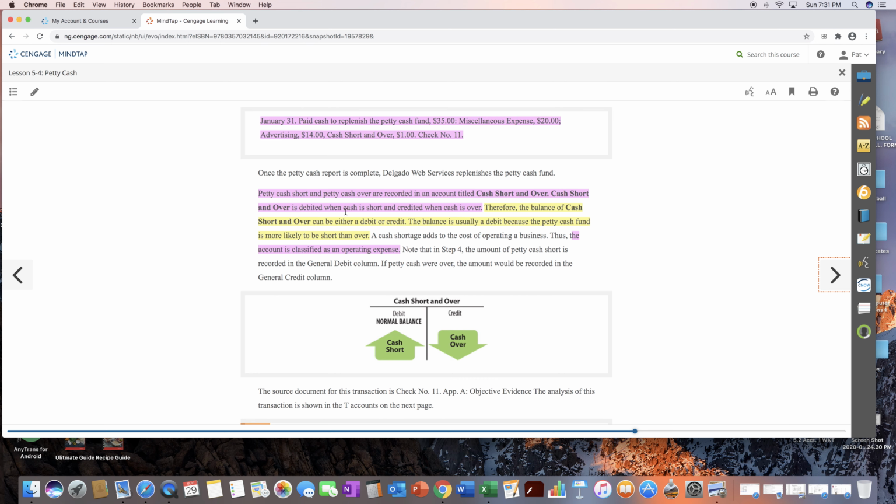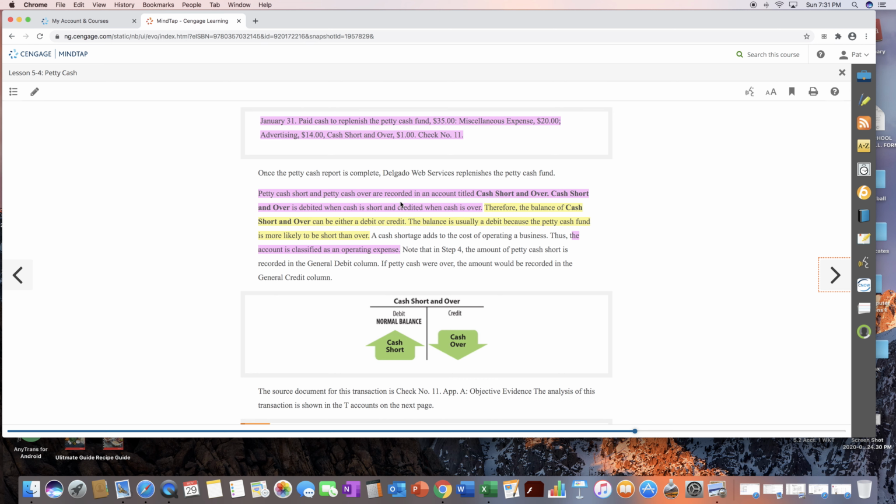Cash short and over is debited when cash is short and credited when cash is over. Short's listed first, it'll be a debit. Over will be listed second, it'll be a credit. Cash short and over balance can either be a debit or a credit. When you guys were doing earlier things, we'd always have sales as a credit, and we'd always have cash as a debit.